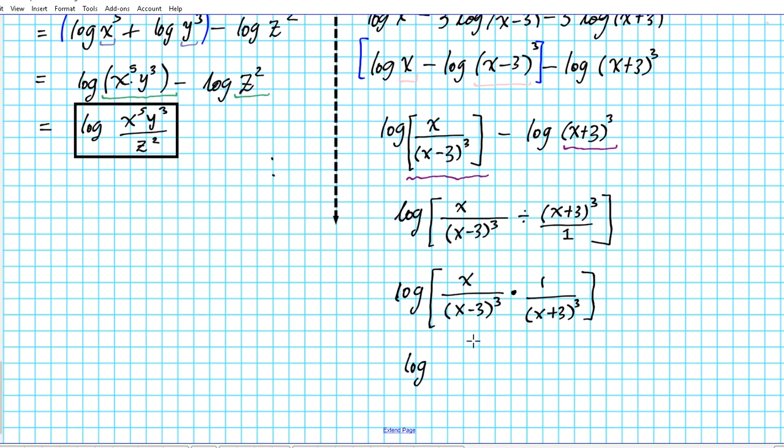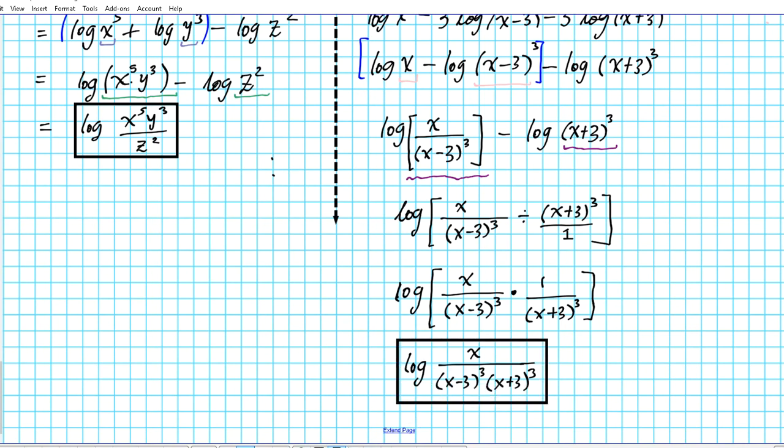Okay, alright, and then just multiply across since these are fractions. Numerator, x times 1 is just x, divided by the denominator, x minus 3 to the third times x plus 3 to the third. You can proceed to factor out the powers from the denominator, which is exactly the same thing. Okay, so this is the logarithm in the condensed form.